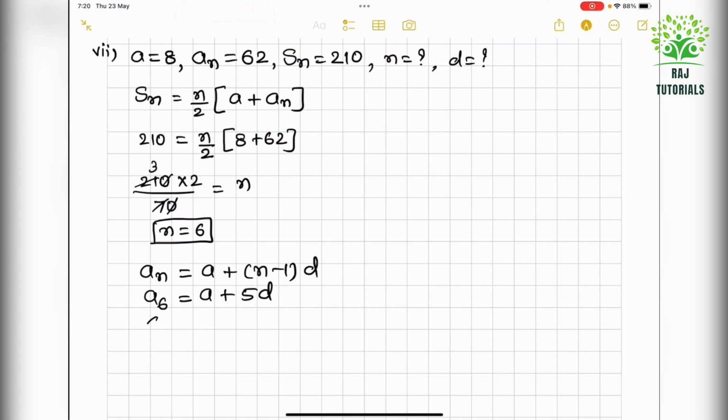So a6 is 62 equal to 8 plus 5d. 62 minus 8 by 5 equal to d. So d equal to 54 by 5, which is equal to 10.8.